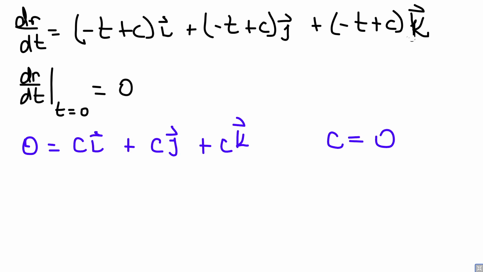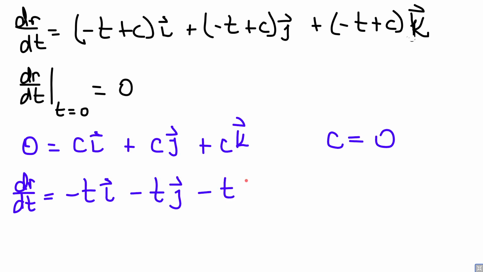So that means that dr dt is actually going to be negative t in the i direction minus t in the j direction minus t in the k direction. Any questions there?